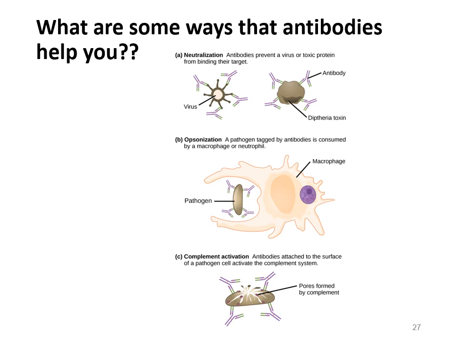The third way that antibodies can help you is by activating the complement system, and you are already pros with the complement system. What does that mean? These antibodies can activate the proteins that then drill holes in that pathogen, killing the pathogen.